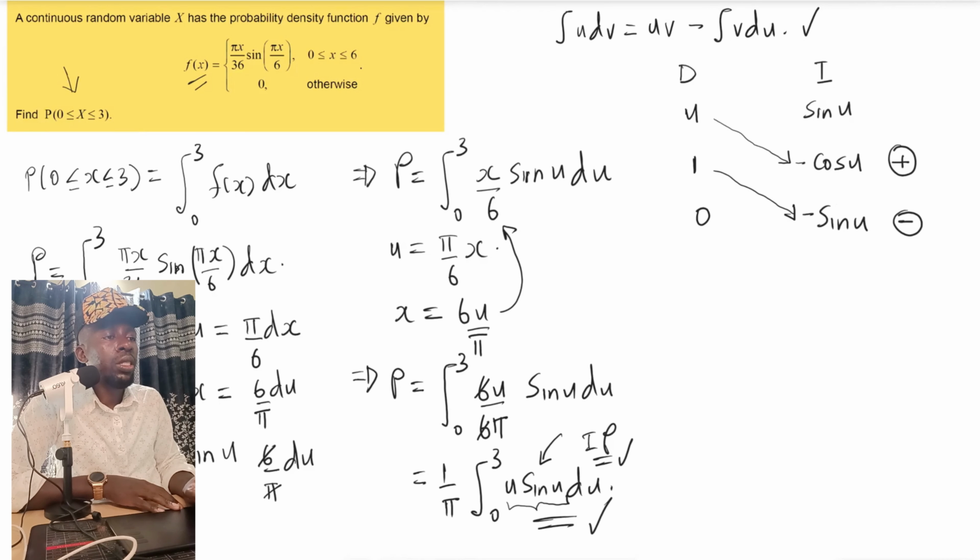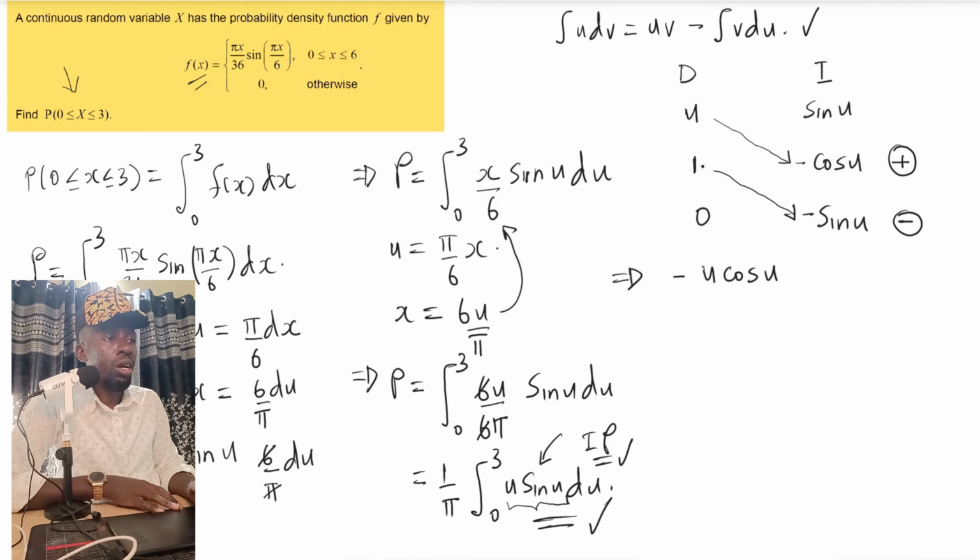So now this is equivalent to saying u times minus cos u. We are taking u times minus cos u, and we multiply with its sign. Its sign is what? Positive.